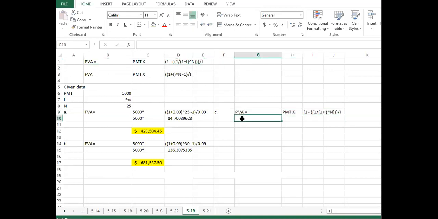Here it is. So present value will be 4,23,504.45. Okay. Now PMT is required, and it is the factor.